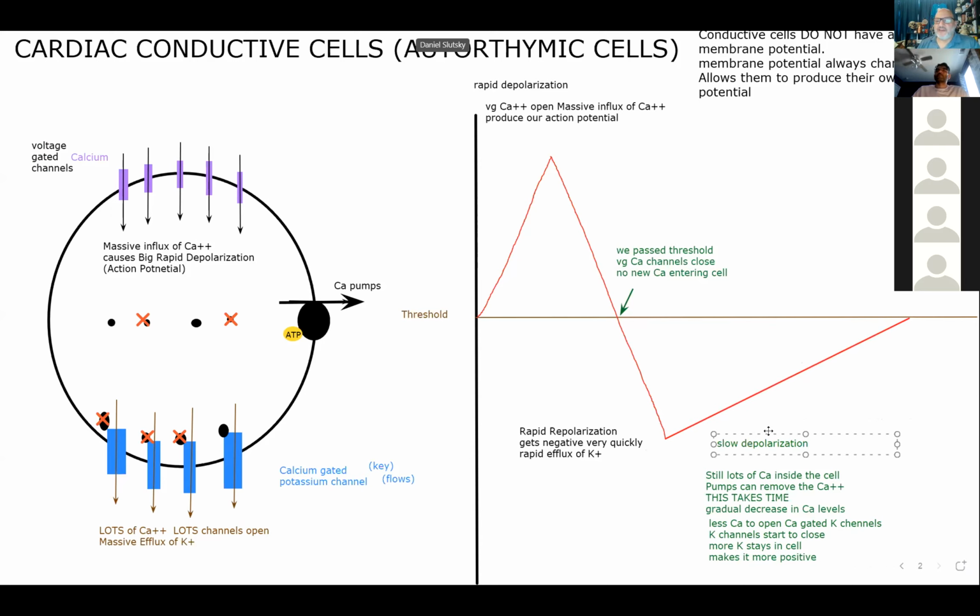More and more potassium stays inside the cell. The cell gets more and more positive, and we get this slow depolarization until what critical thing happens? Reach threshold. What happens when we reach threshold? Voltage gated calcium channels open. And we get a huge, massive influx of calcium, and we get a big, fast, rapid depolarization, and the process begins again.